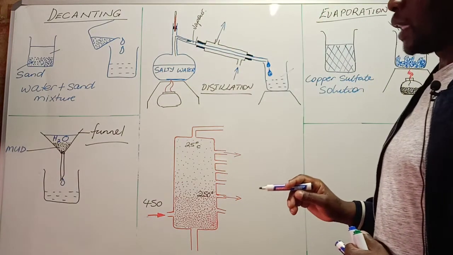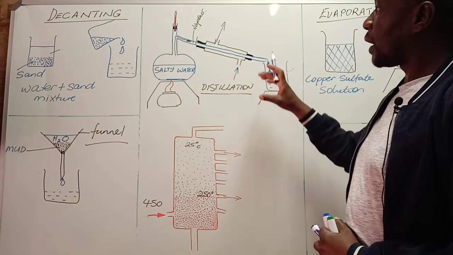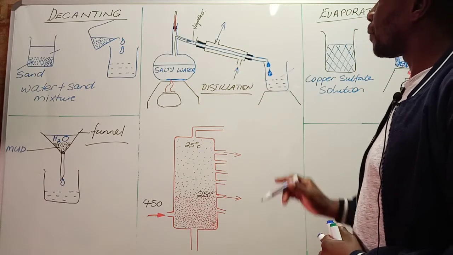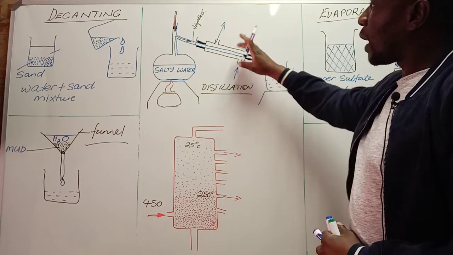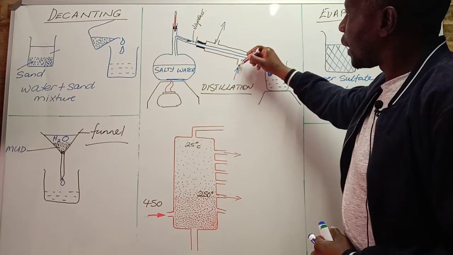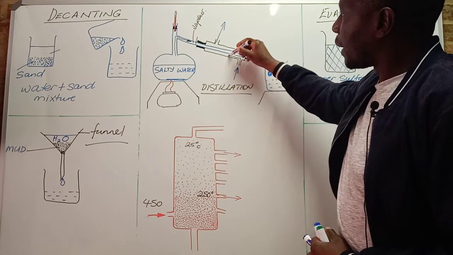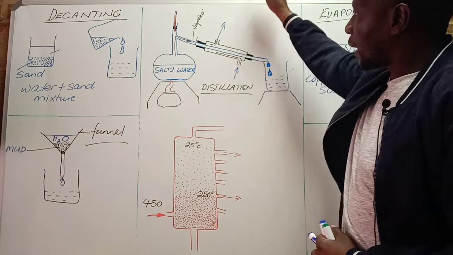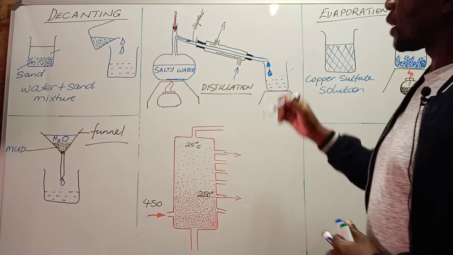And then there is an independent apparatus attached to the distillation funnel. Cold water is pumped into this apparatus and circulates, and it is taken out at that point.